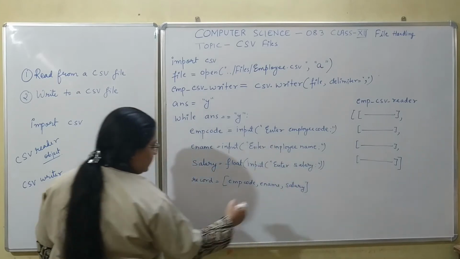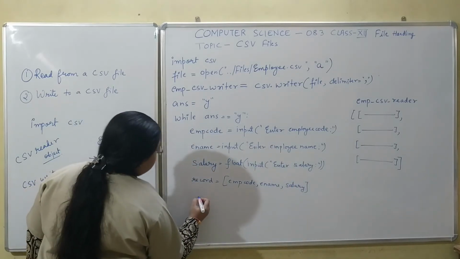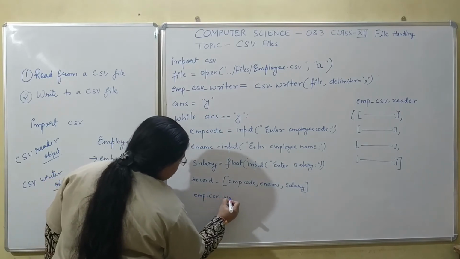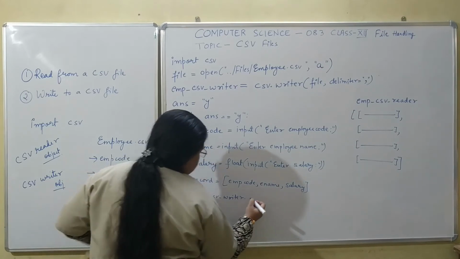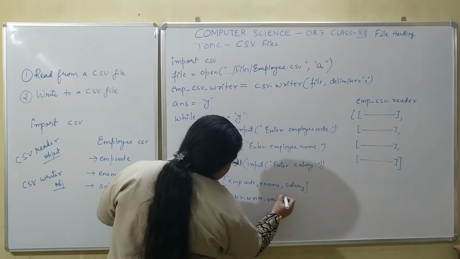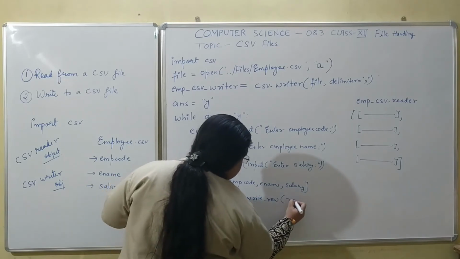So we created a list object over here, and now we will write emp_csv_writer.writerow function, record.